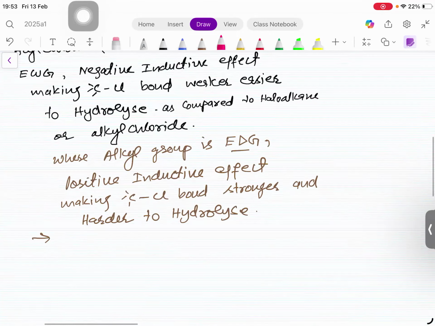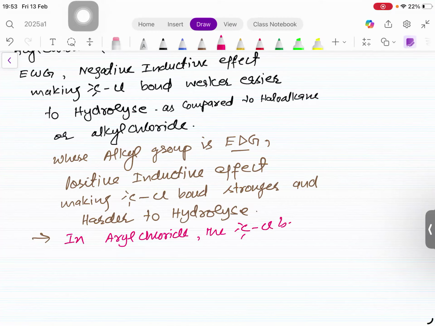So in aryl chloride, the C-Cl bond is strongest because of mesomeric effect, or because of lone pair of electrons.